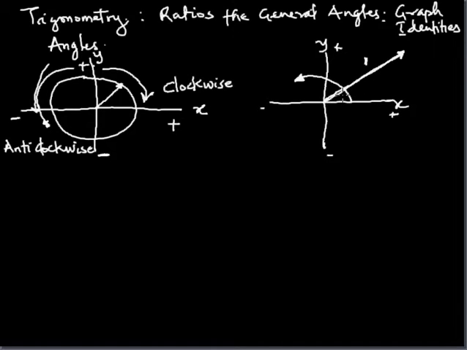Then when this radius moves within an angle, moved from the center of that particular circle, it forms a particular degree, and that degree from the center is called an angle.